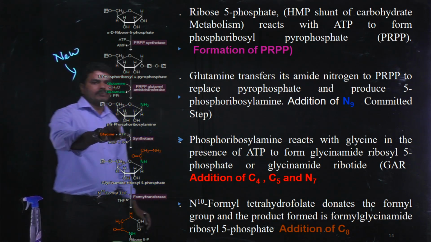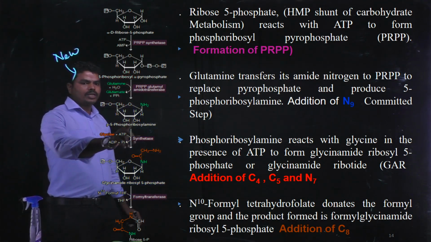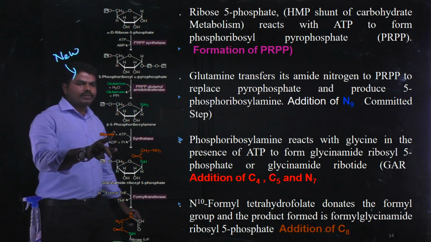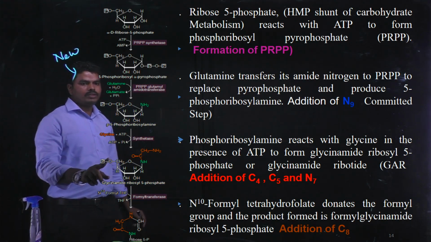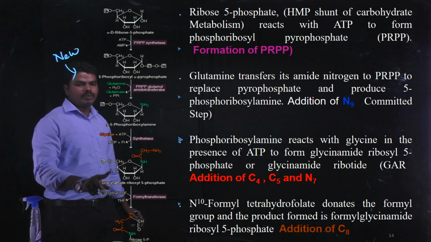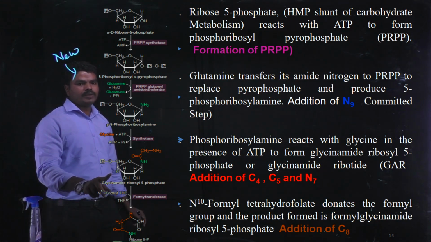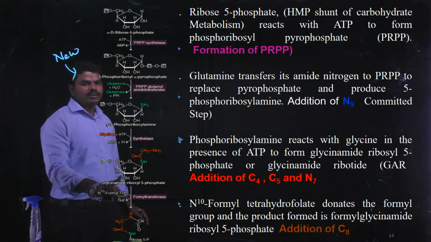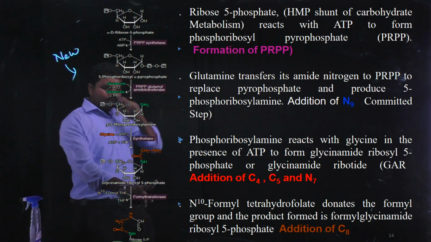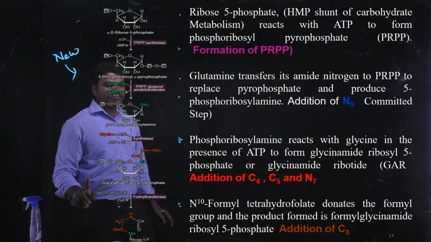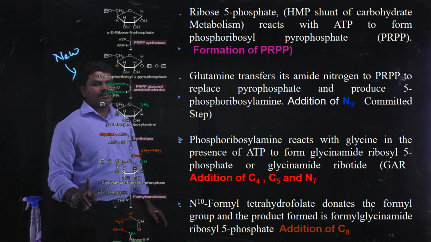So the phosphoribosyl amine will react with the glycine in presence of ATP to form glycinamide ribosyl 5-phosphate. So during this process, glycinamide ribotide is formed.